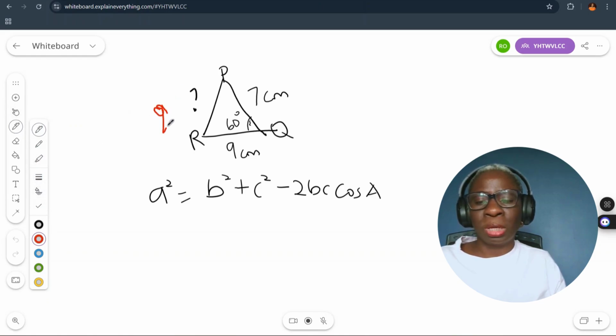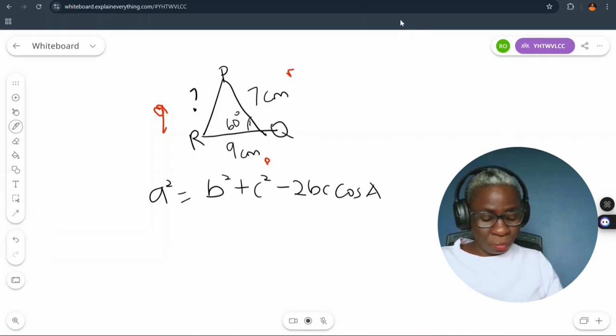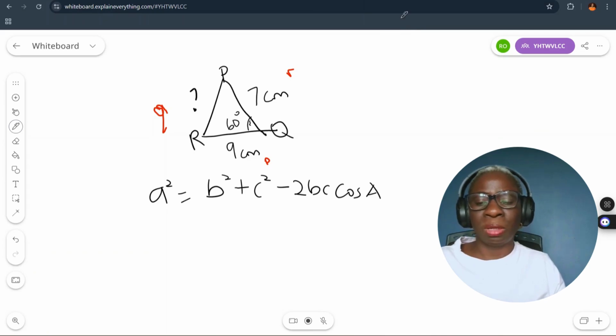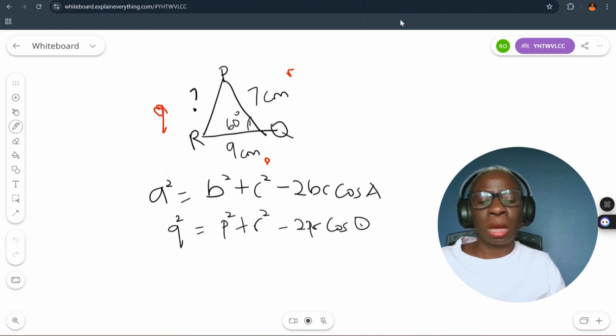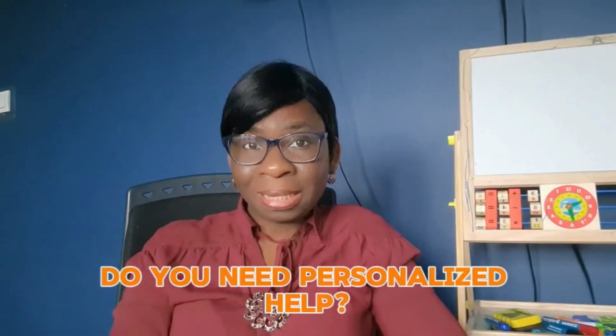So this side will be Q, it is opposite angle Q. This side will be P, it is opposite angle P, and this side will be R, it is opposite angle R. So that means our equation will be something like this: Q squared equals P squared plus R squared minus 2PR cos Q.